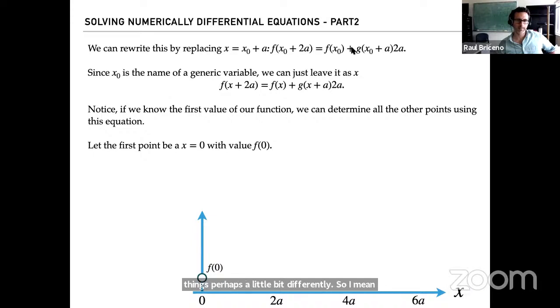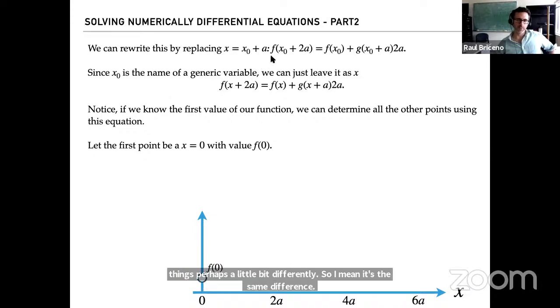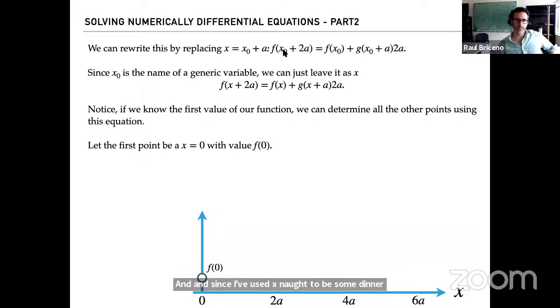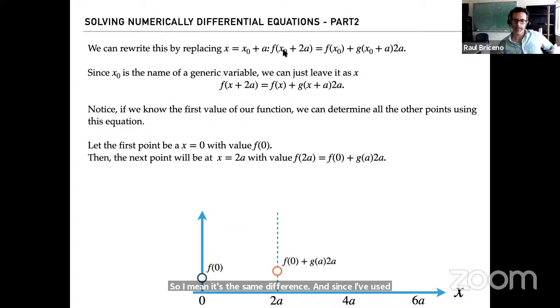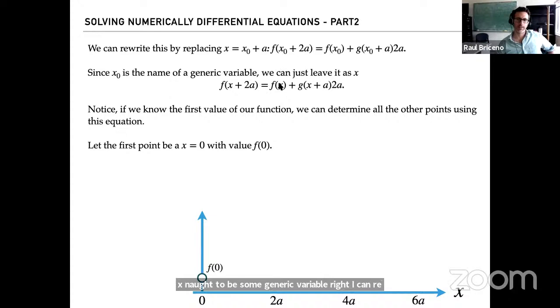So I mean, it's the same difference. And since I've used x naught to be some generic variable, I can relabel it as x, right? So all I've done is just shifted my variables. And so given some original value of x and g, then I can predict what f is at x plus 2a.